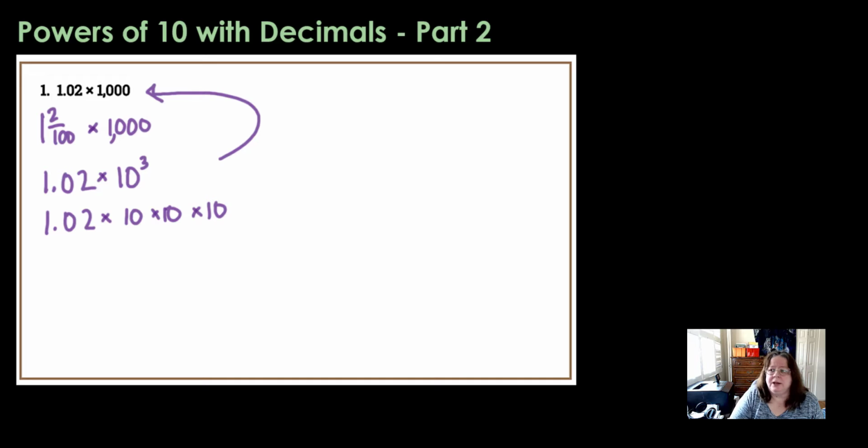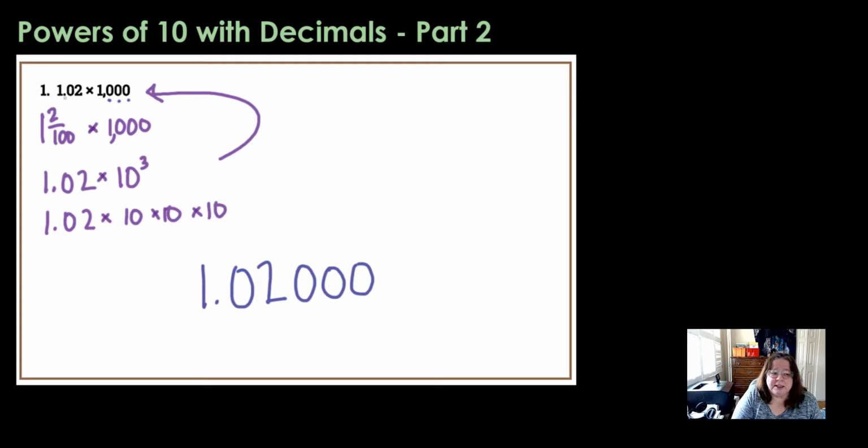Okay, so we've got 1.02. The first thing I'm going to do is look at how many zeros are up here: 1, 2, 3. And yes, that does match our exponent, as well as how many tens we've got here. So I'm going to add 3 zeros. Now, do I really need to add 3?